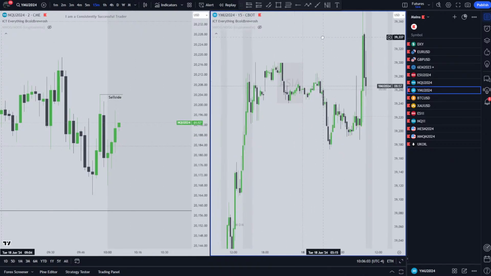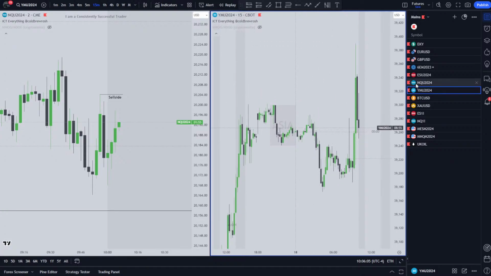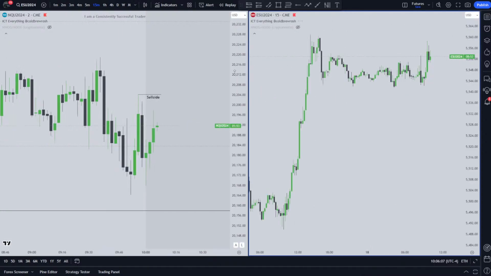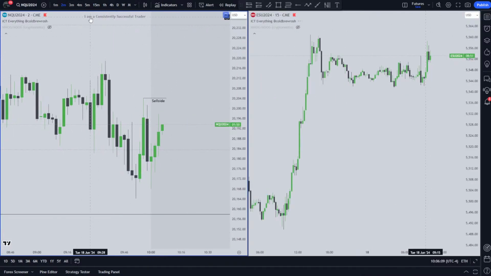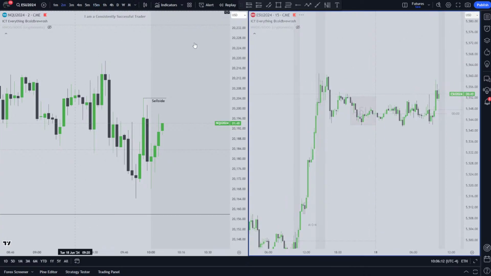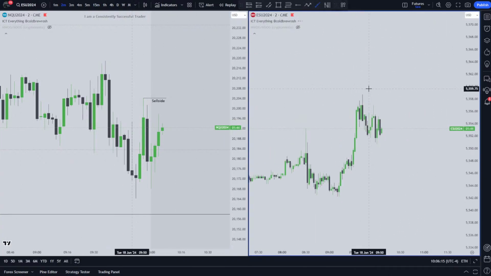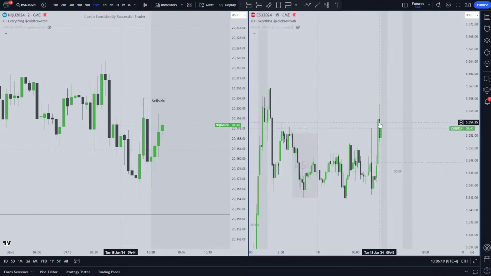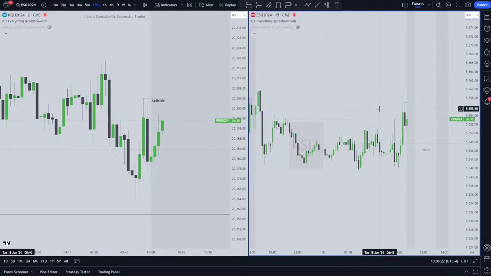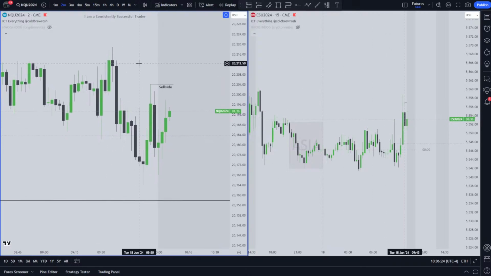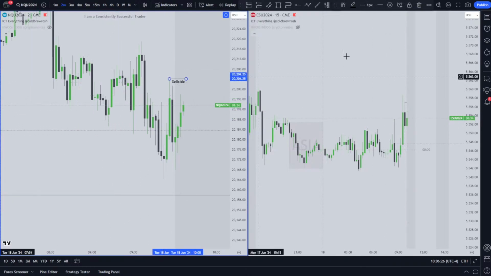YM looks like it could have just done a manipulation there, and then we seek lower. I'm gonna just monitor the 2-minute here with the same high to make sure that I'm not gonna get any SMT. No, sell side? Why is that my sell side?